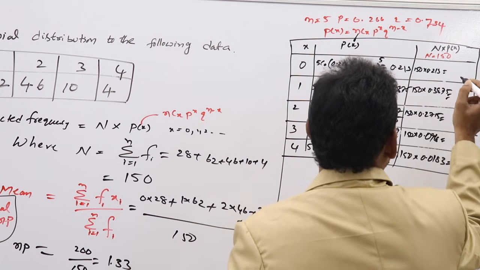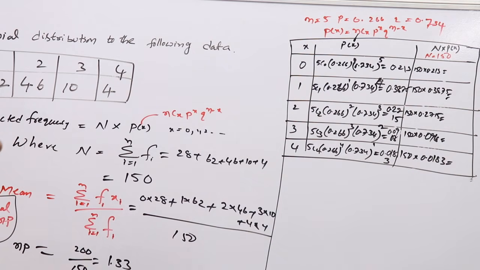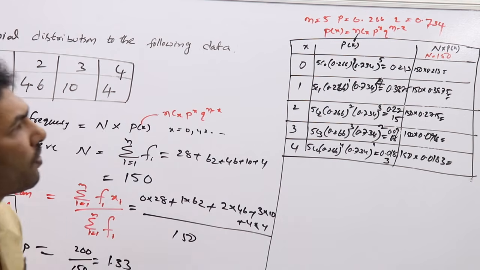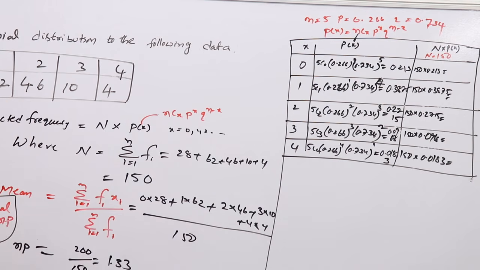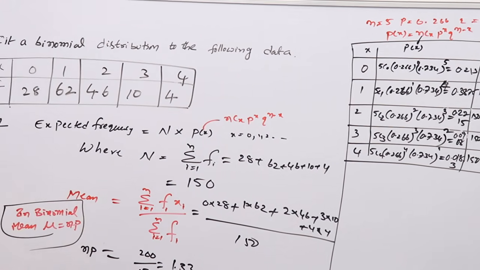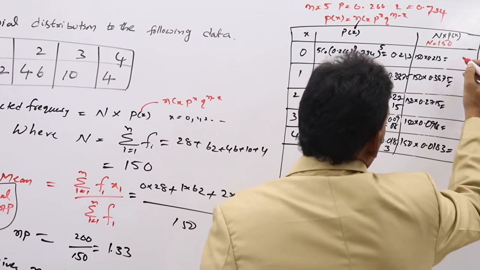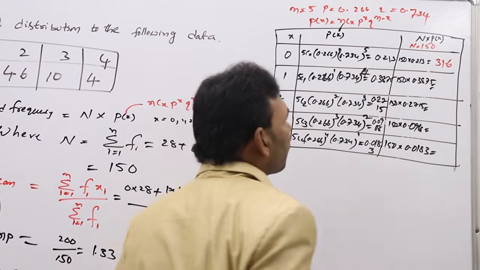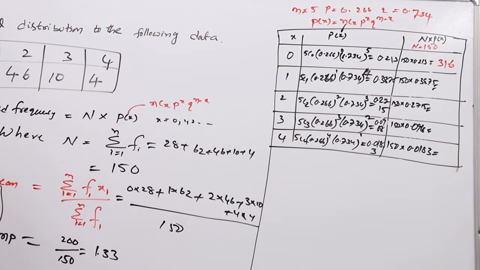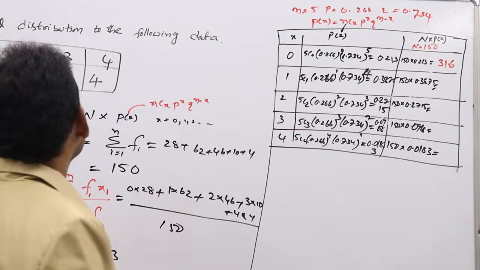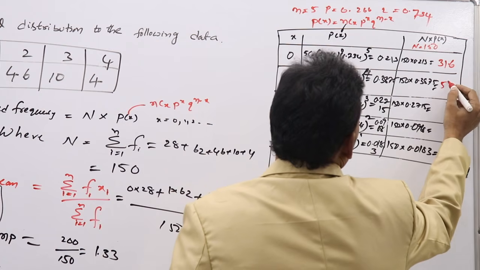Using a calculator, directly you can type 150 into 0.213, 150 into 0.3875. If you calculate like that, you will get N into p of x. So those values you will get like this: 31.6 after calculating the first one. Next one, 57.6.